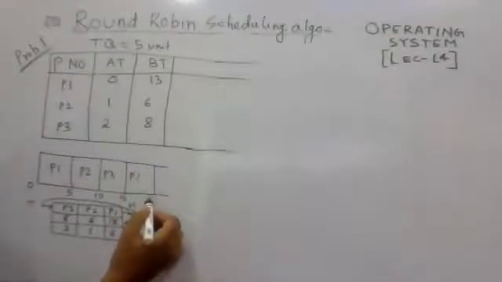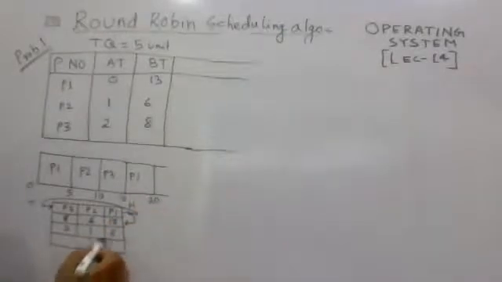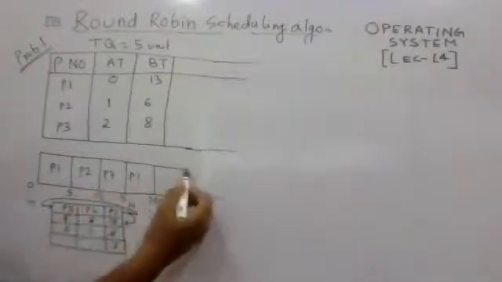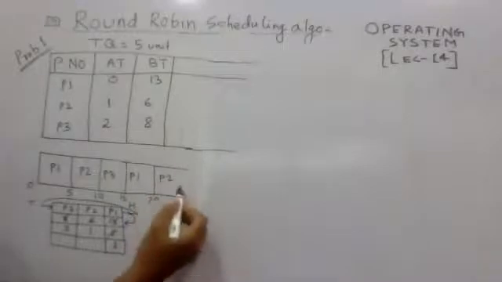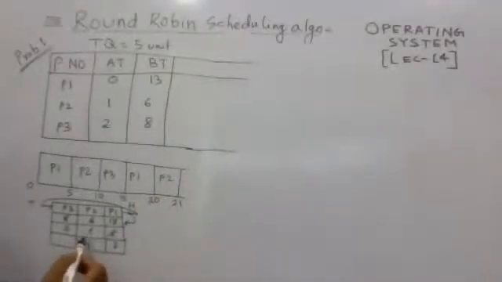So the remaining time, this will be 20, and suppose here the remaining time is 3. Now for P2, here only one time unit is remaining. So obviously we have to assign P2 for one time unit. So here for P2, this is 21 and this is 0. So P2 completed and terminated.